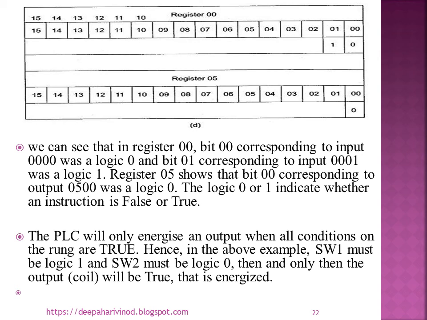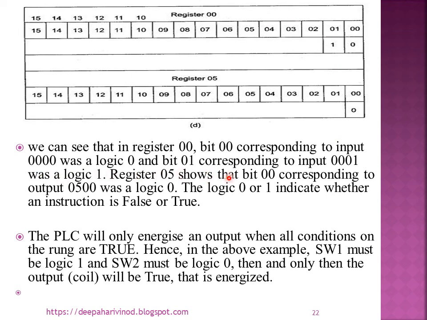In register 00, bit 00 corresponding to input 0000 was a logic 0, and bit 1 corresponding to 0001 was a logic 1.